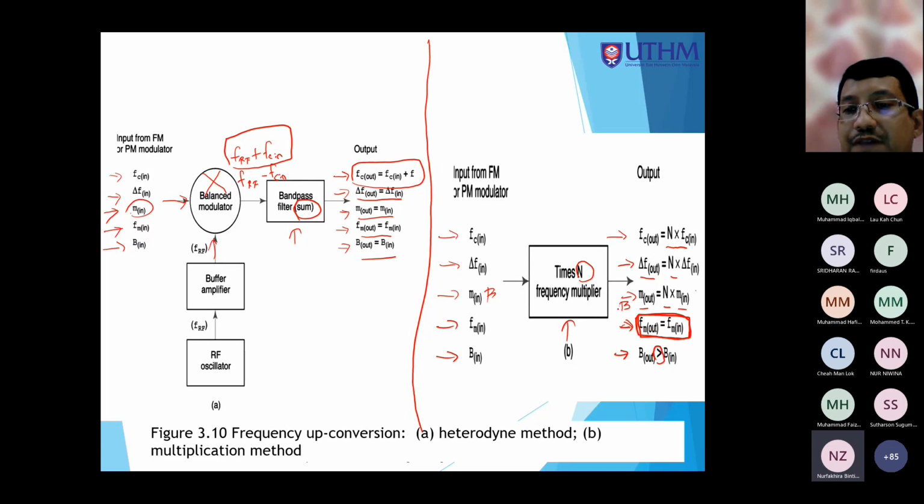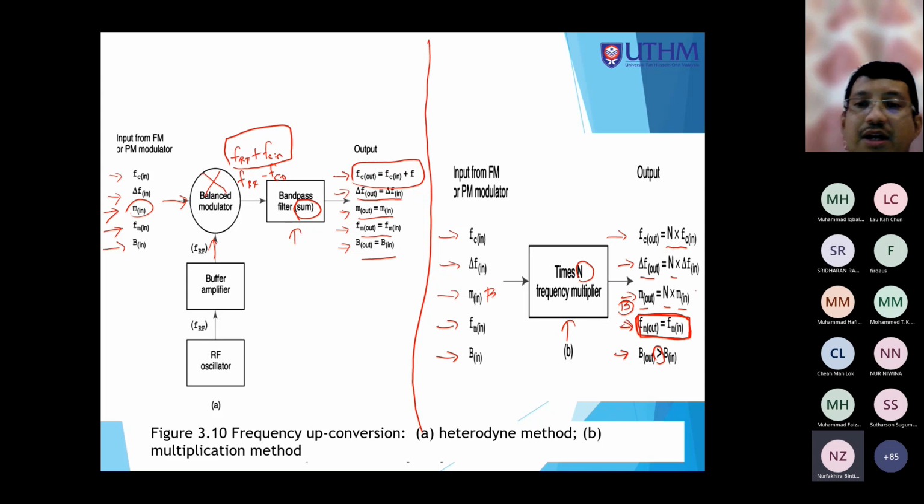Of course, if the modulation index is increased, the bandwidth will also increase. From the Bessel table, the higher the modulation index, the wider the bandwidth.